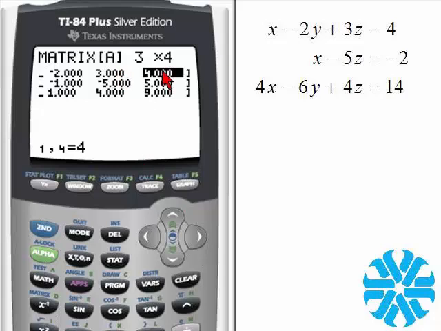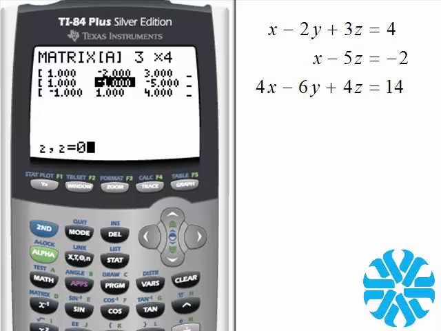So let's move down. So there is 1x for the next system. Select enter. There are 0 y's. Select enter. And negative 5 for the z value. And finally, the constant is negative 2.